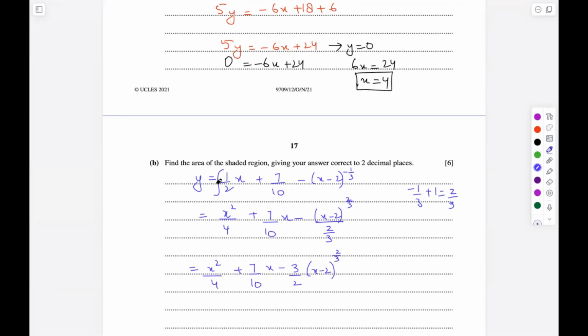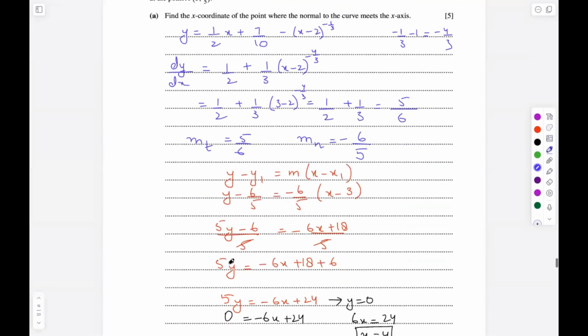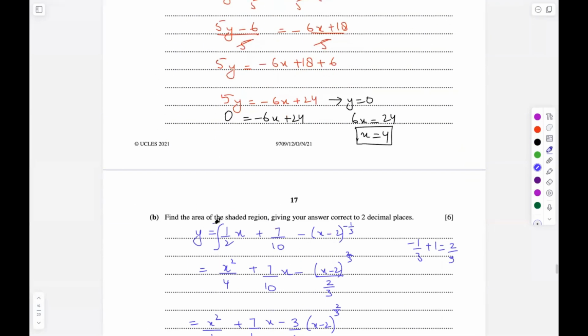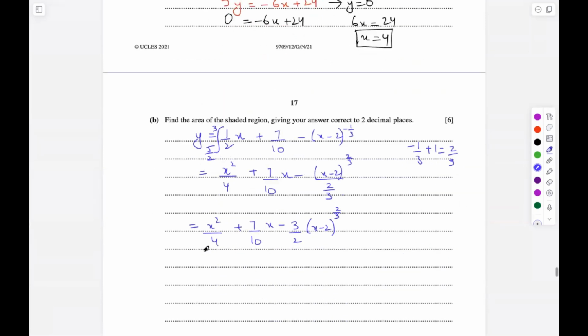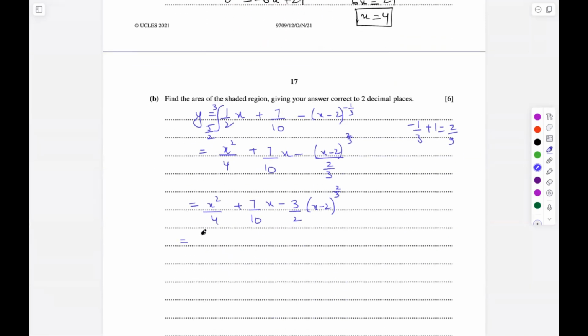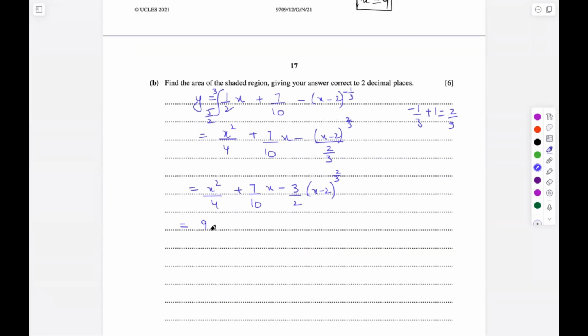Now substituting the limits, as the limits were 3 and 5 upon 2. First substituting the upper limit, which is 3, this will become 9 upon 4 plus 7 upon 10 into 3 minus 3 upon 2 into, so 3 minus 2 will be 1, so 1 to the power 2 upon 3.